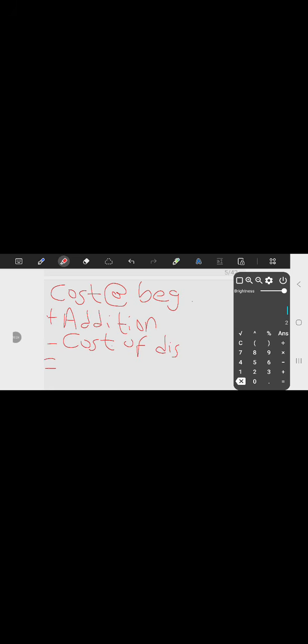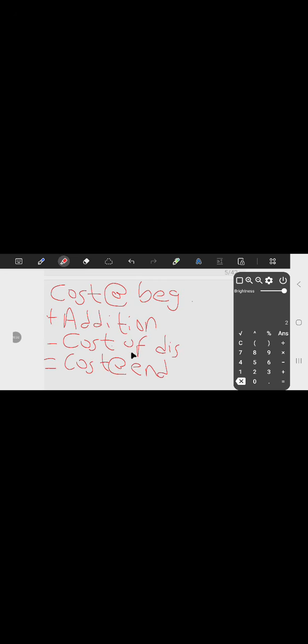Right. Now, this is another concept that I want to give you. Cost at the beginning of the year plus addition, this is the cost of the asset that you bought during the year, minus cost of the asset that you have disposed is equal to cost at the end.